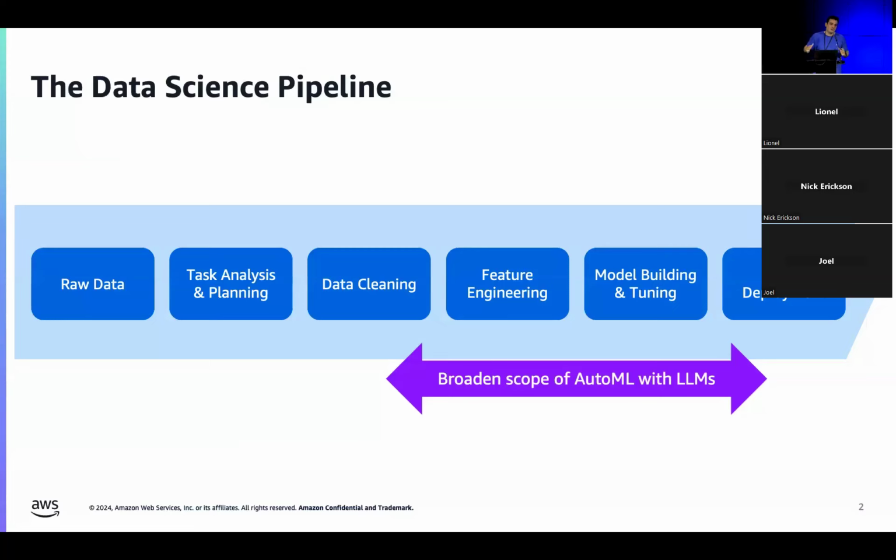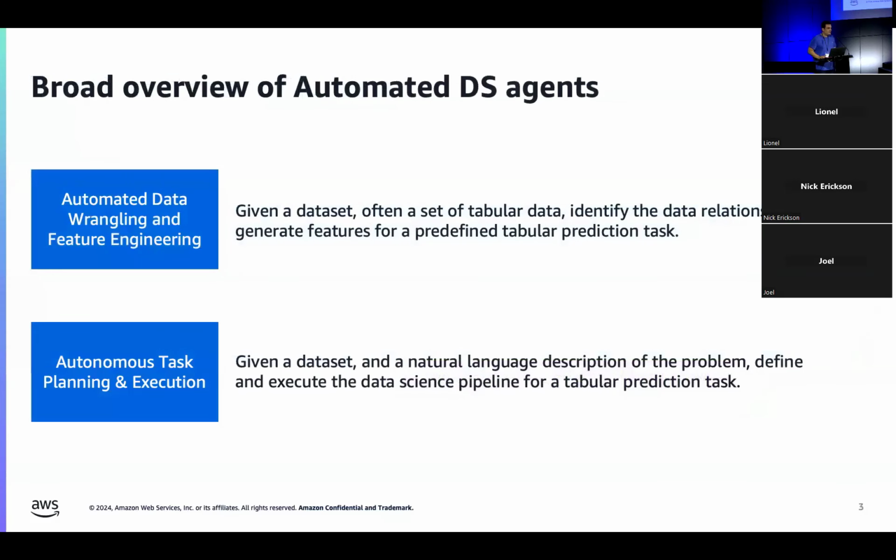So go from AutoML to something like an automated data scientist. And broadly, I will divide the attempts at answering this question into two categories. One will be about automated data wrangling and feature engineering. So maybe the things that were already there for the last few years, I will briefly talk about some attempts already and what are some of the open problems there.